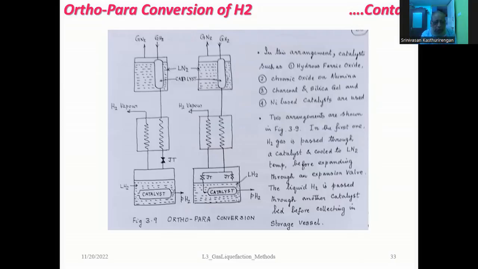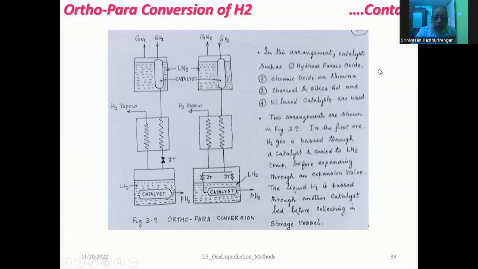For example, you can see in this figure here, there are two arrangements which are shown. First, the gas nitrogen is pre-cooled, okay, and you use certain catalysts for this ortho-para conversion.